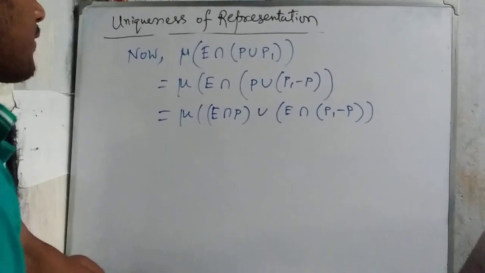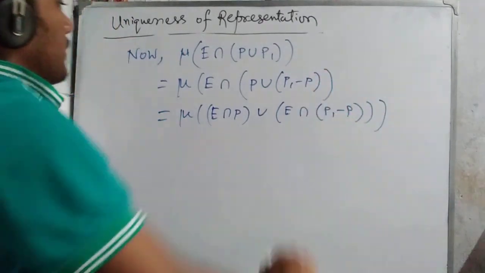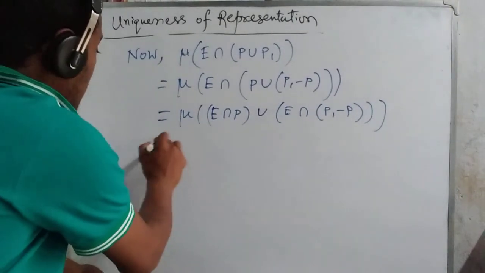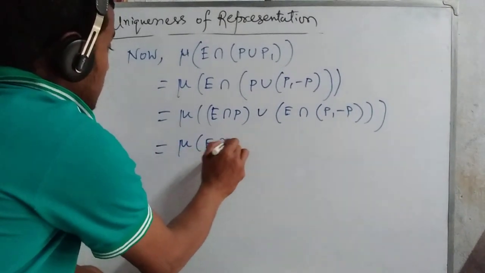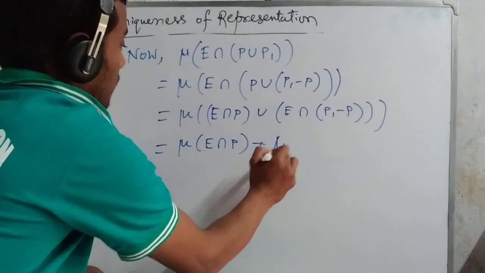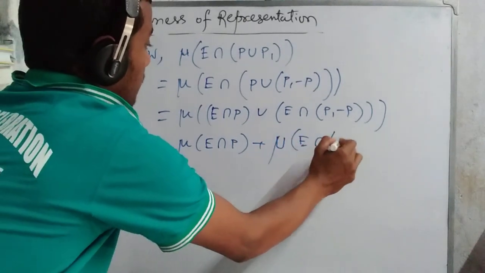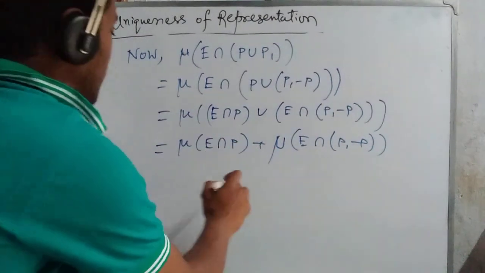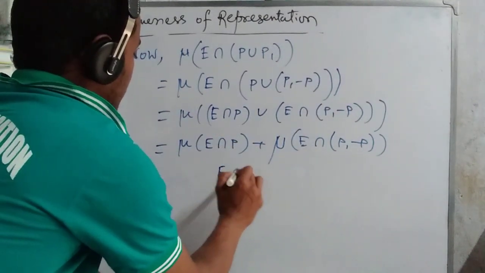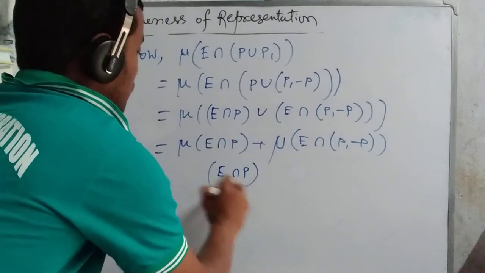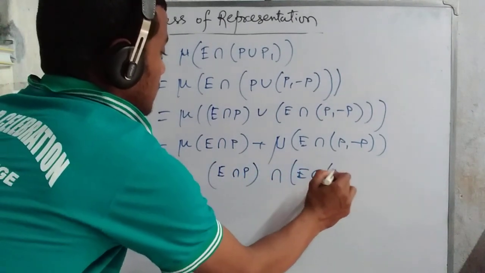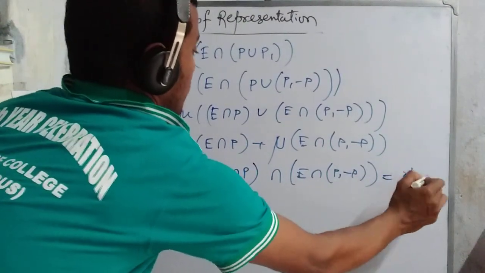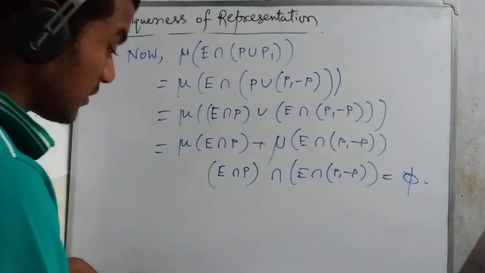Then this equals mu of E intersection P plus mu of E intersection (P1 difference P), because E intersection P and E intersection (P1 difference P) are mutually disjoint.